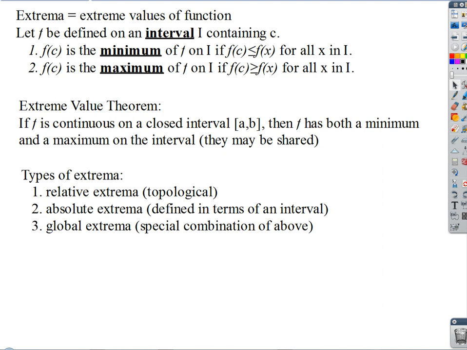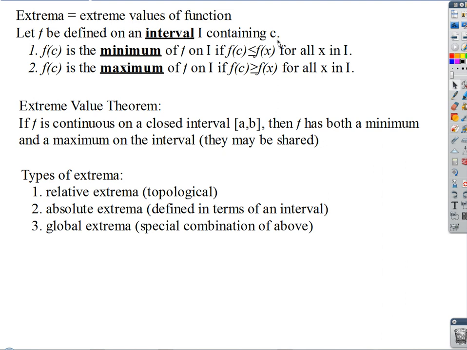So first of all, we're going to talk about extrema today. And extrema are nothing more than the extreme values of a function. So the highest and lowest y values. Okay, so let's let f be some function defined on some interval. We don't need to be talking about the entire function. We're just talking about, locally speaking, some interval that we're interested in, call it I, containing some x value c.